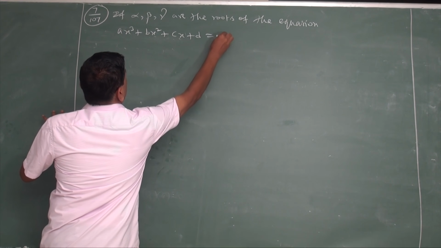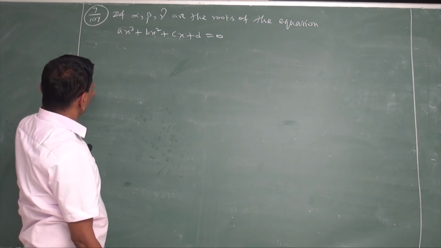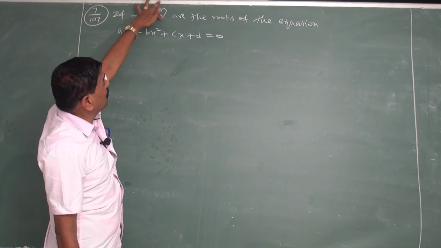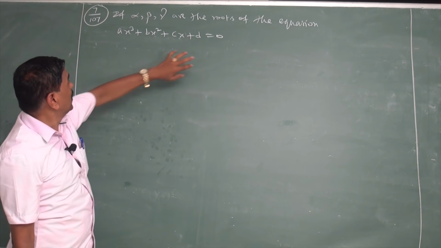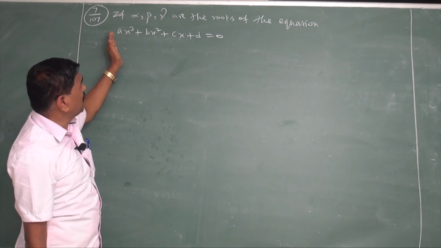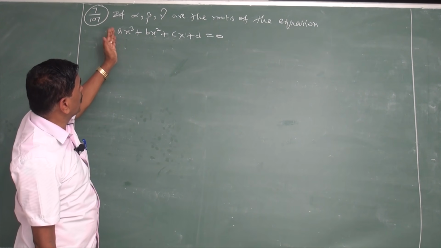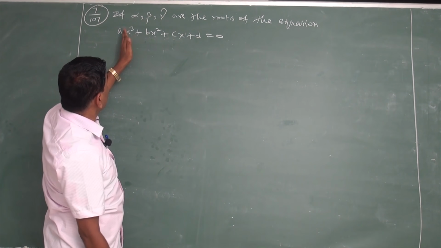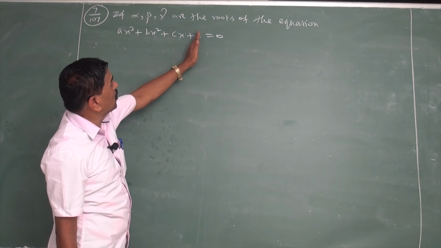Now listen to the technique. There are three roots, alpha, beta, gamma, and they form a cubic equation. The cubic equation is x cube term, x square term, x term, constant, equal to 0, and we take the coefficients in alphabetic order a, b, c, d.